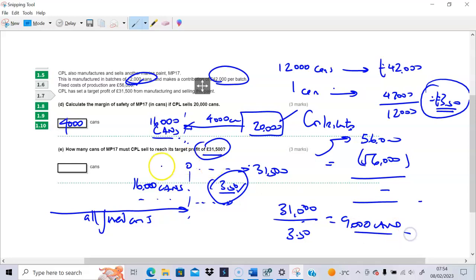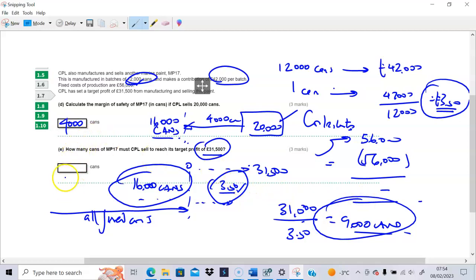So I first of all have to make 16,000 cans. And then I have to make another 9,000 so that I not only cover my fixed cost, but I also hit this target profit of 31,500. And so in total, you will have to sell 16,000 plus 9,000 cans, which is 25,000 cans. Cool. Great stuff. And that is question 7.